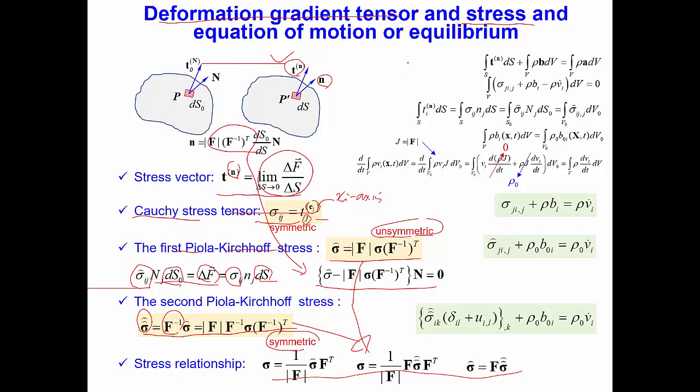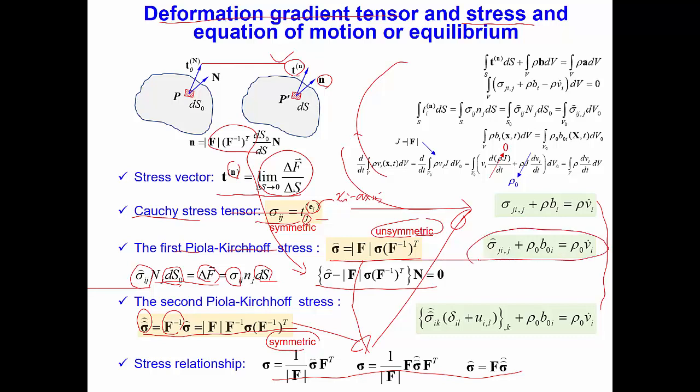These are the summary of continuum mechanics necessary for further development of the theory. Substituting all relationships into the equation of motion in the spatial coordinate system, we can get the equation of motion for the first and the second Piola-Kirchhoff stresses like this.